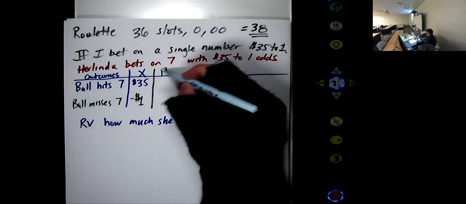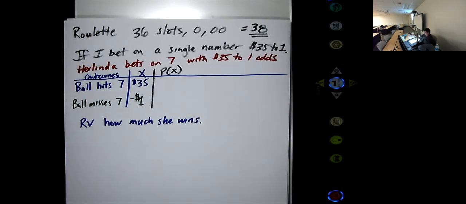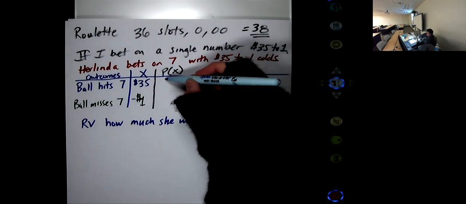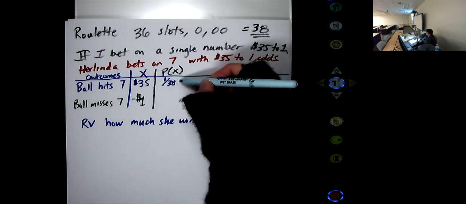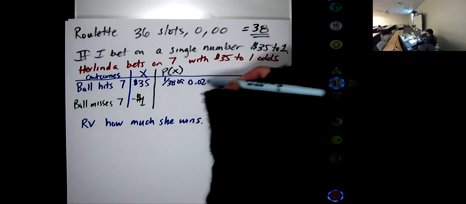And what is the probability of X? Well, for the ball to hit a 7, there's only one slot that has a 7, and there are 38 slots. So the probability of hitting is 1/38, which is about 0.0263.